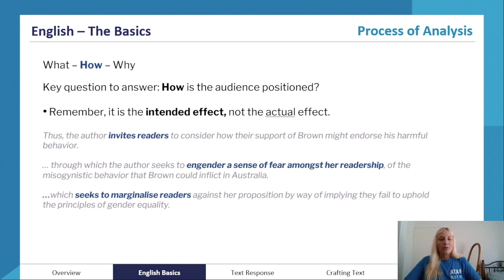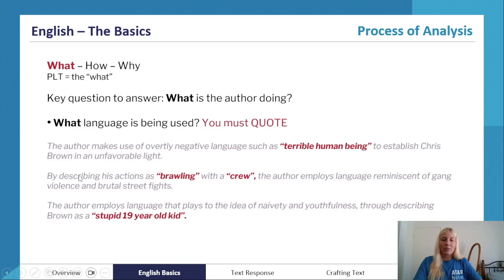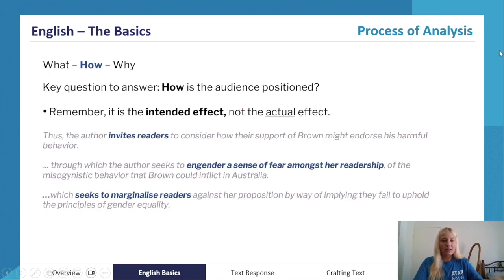So as an example, thus the author invites readers to consider how their support of Brown might endorse his harmful behavior. So we can see, based on what wording has been used, that it's talking about intended effect. Notice that it says thus, so you must have an explanation of your PLT preceding this in order for this to make sense, because it needs to be clear how the intended effect is created through the language.